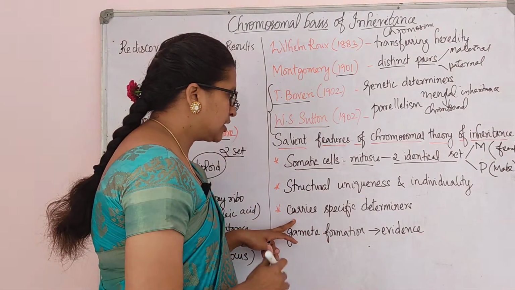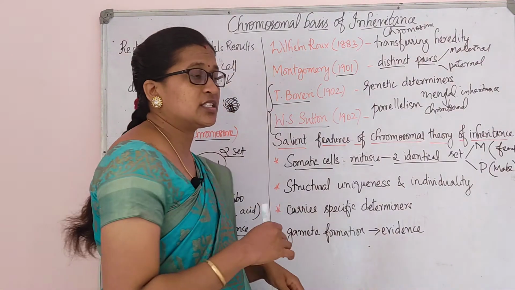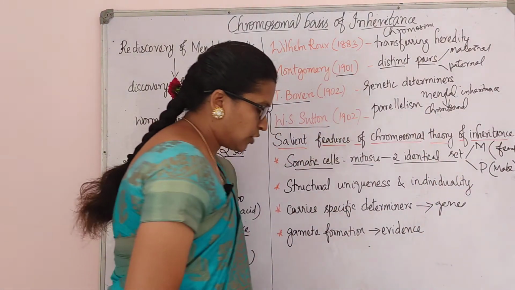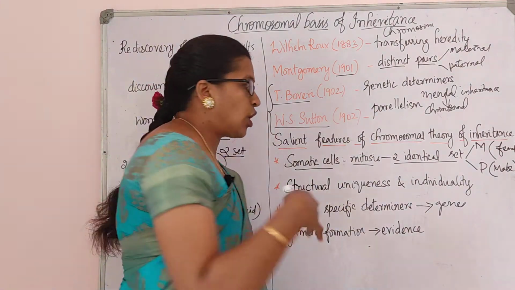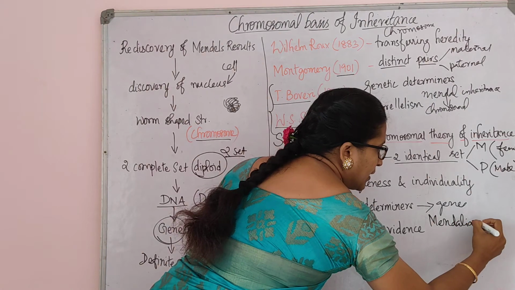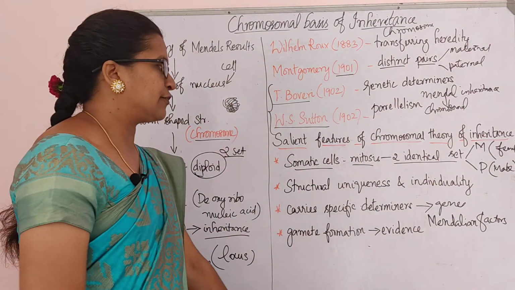And the third point is that it carries specific determiners. What are these determiners? Genes. Earlier we used to call them Mendelian factors because we didn't know the name genes.